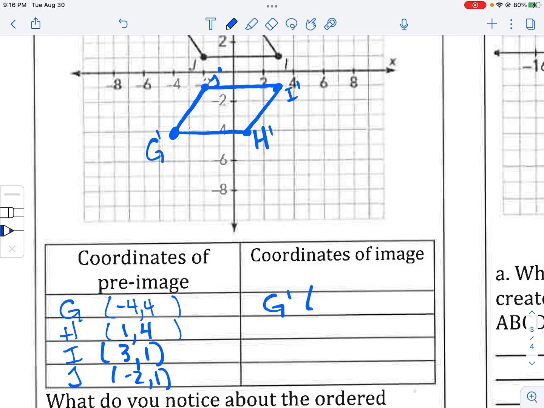G prime is -4, -4. H prime is 1, -4. I prime is 3, -1. And J prime is -2, -1.